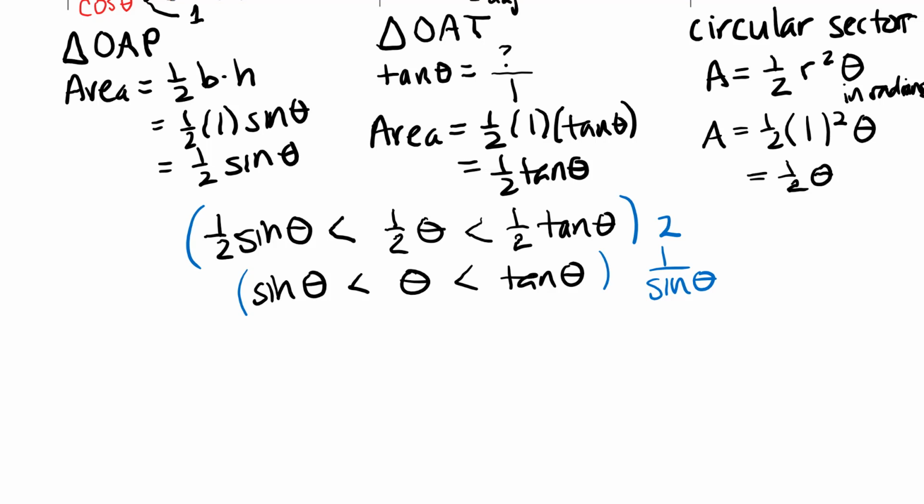So when I multiply through by 1 over sine theta, I get 1 is less than theta over sine theta. And then on the right end, if you remember that tangent theta is sine theta over cosine theta, the sine thetas will cancel, and I'll be left with 1 over cosine theta. And all of those expressions will be greater than 0 because our angle here is in quadrant 1, theta is bigger than 0.